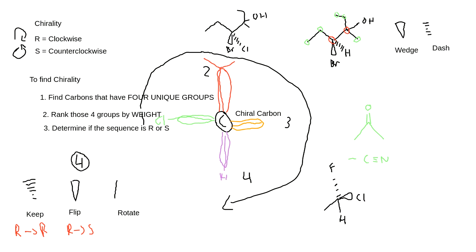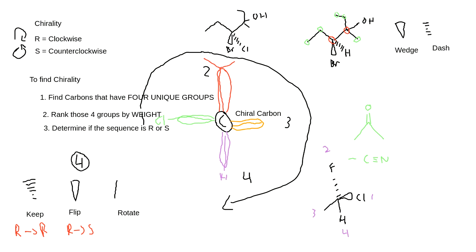If we were to rank it by weight, chlorine is the heaviest, and then fluorine, and then methyl, and then our fourth group is hydrogen. So if our fourth group is on a line, like I said, we have to rotate. And how do we rotate is the question.